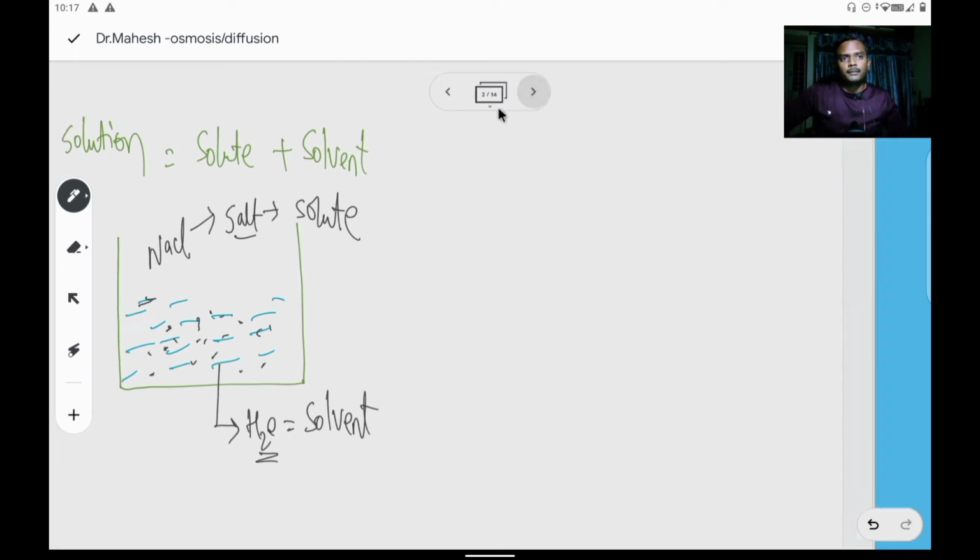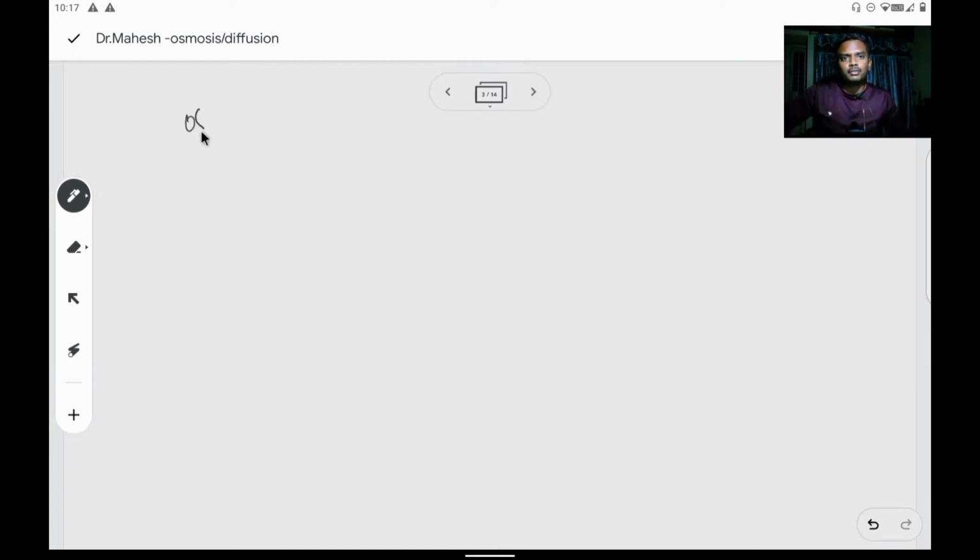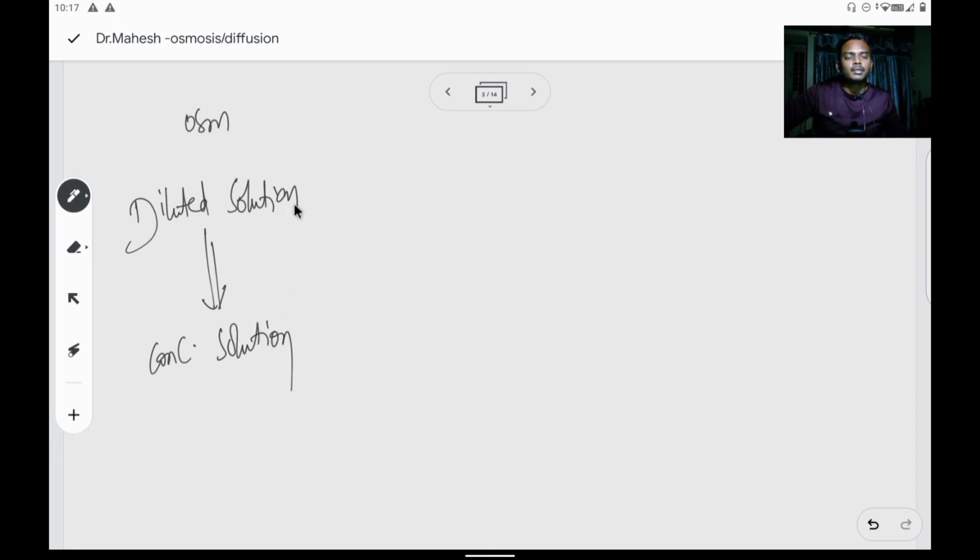And what I told in osmosis, from diluted solution it happens to concentrated solution. Diluted solution means it is low concentration.